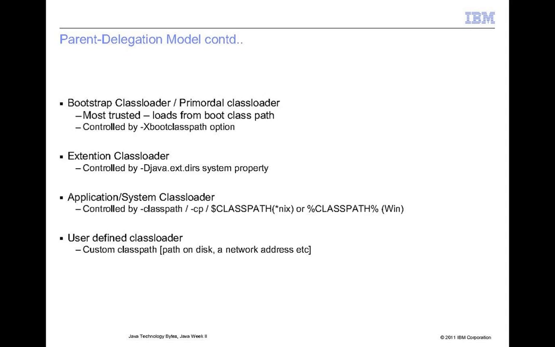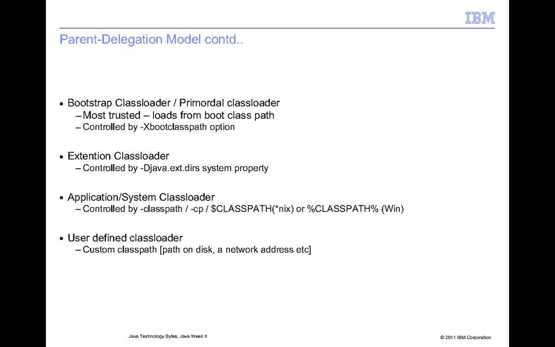The next class loader is the extension class loader, which takes care of loading classes under the JRE lib ext folder. There is a system property called -Djava.ext.dirs, which is used to control which jars the extension class loader is supposed to load. Next up is the application or the system class loader. This is the most common class loader one encounters.